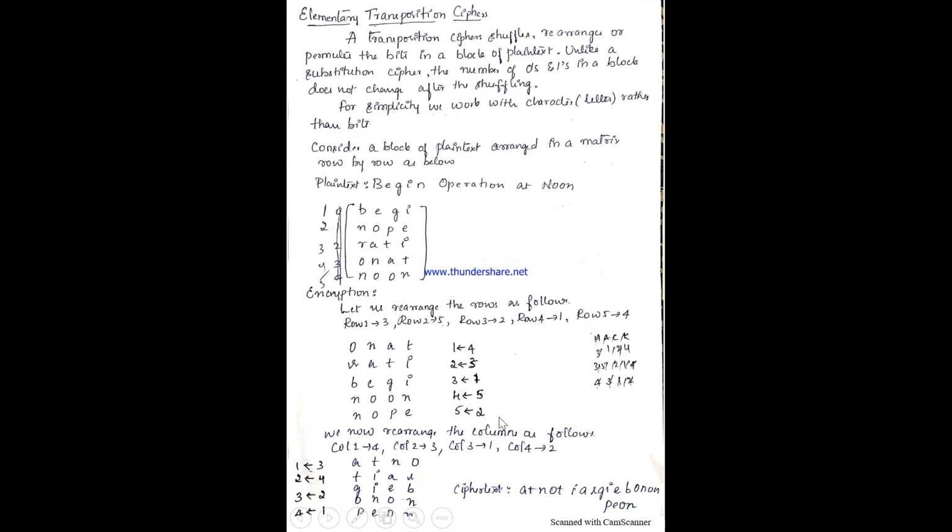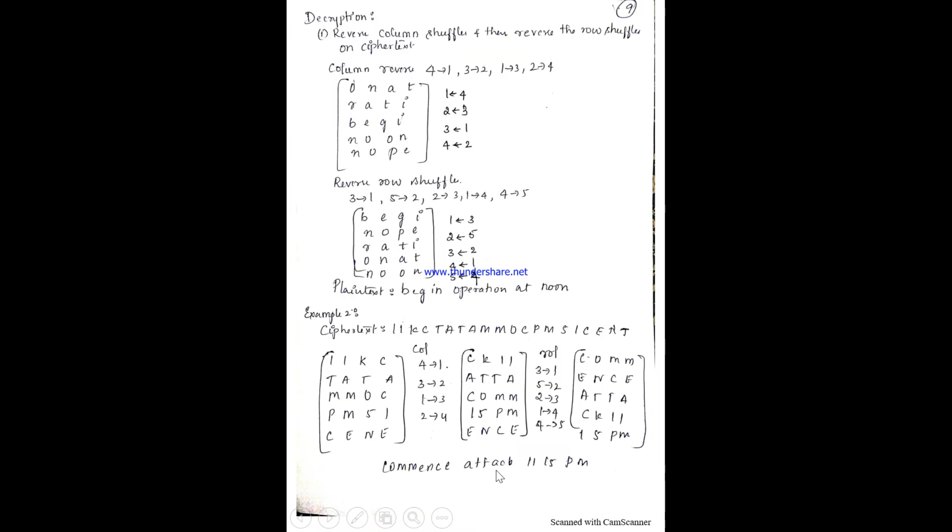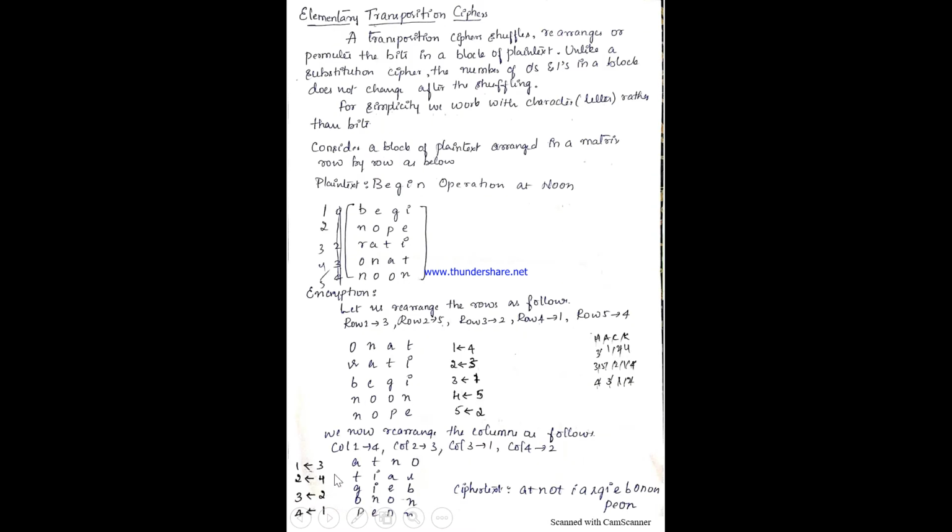For this I'll be applying the reshuffling again. In the reshuffling, the fourth column will become the first column, because I want this matrix back.